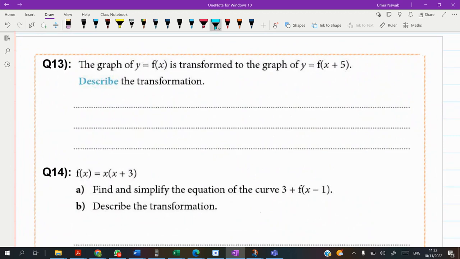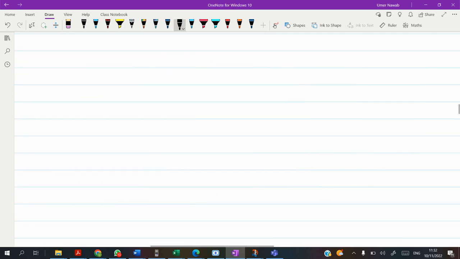Next question, transformation. Lovely. Transformation, f of x is transformed to this one. Describe the transformation. Clearly, it is a horizontal translation. So what is the horizontal translation? Let me explain to you guys about translation quickly.